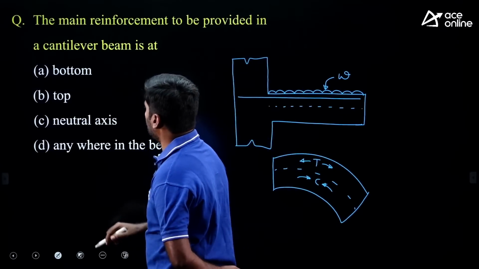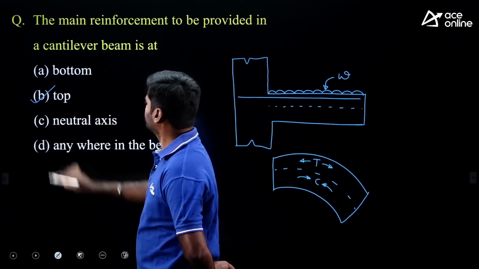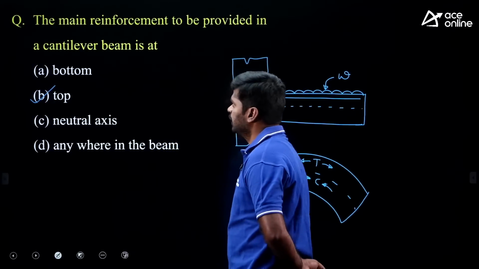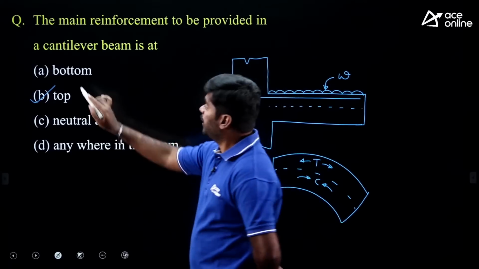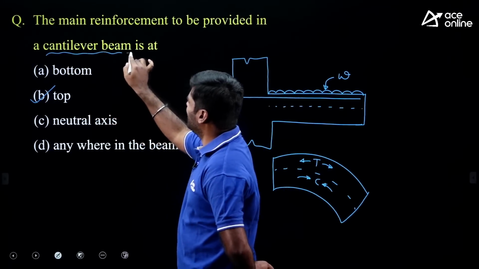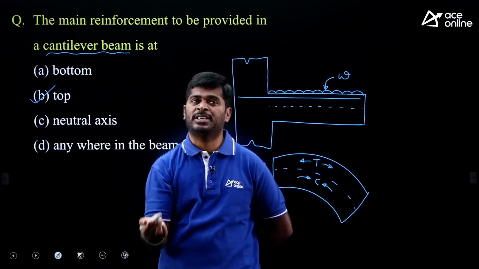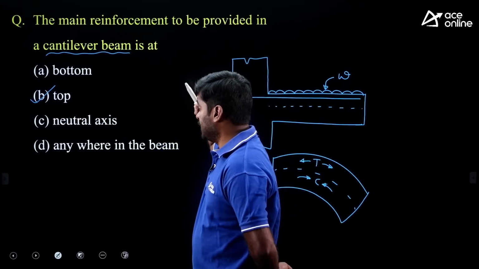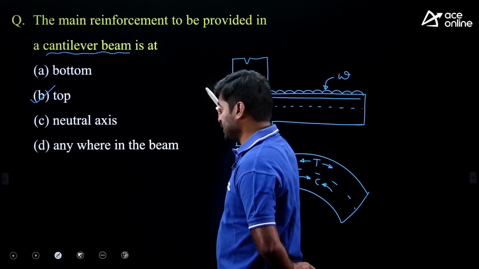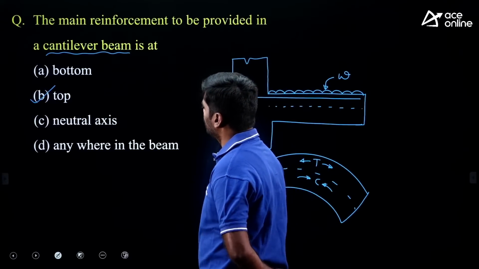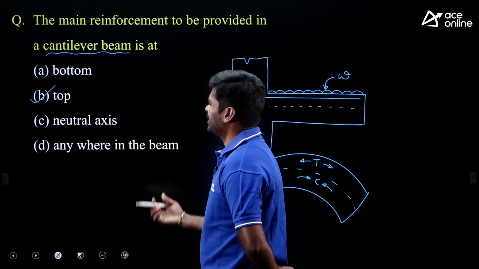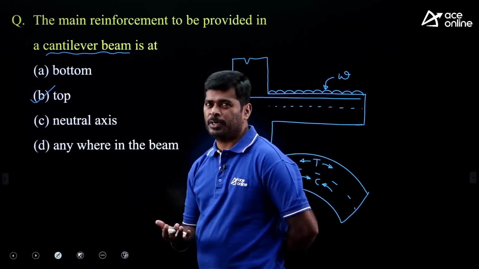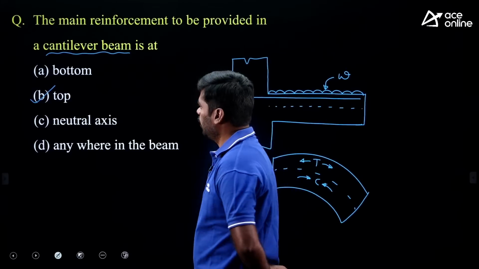Right, at the top is the correct answer. Suppose in place of a cantilever beam it is given simply supported, definitely option A is correct, because for a simply supported beam tension will develop at the bottom, right, okay.